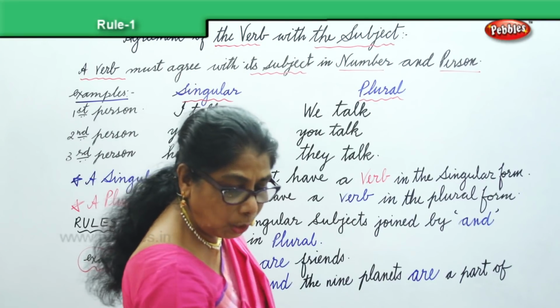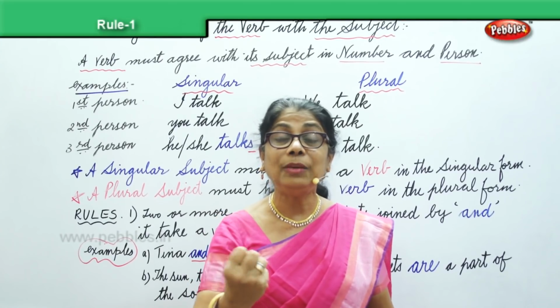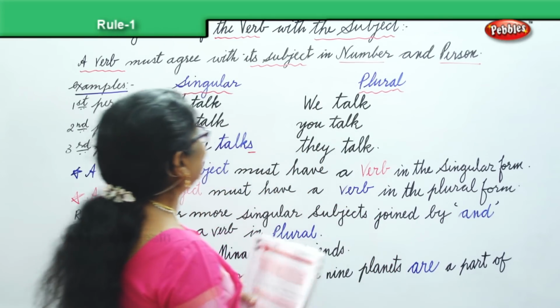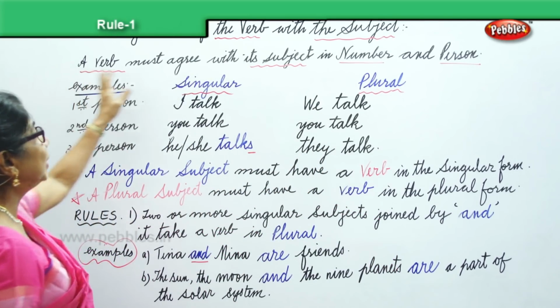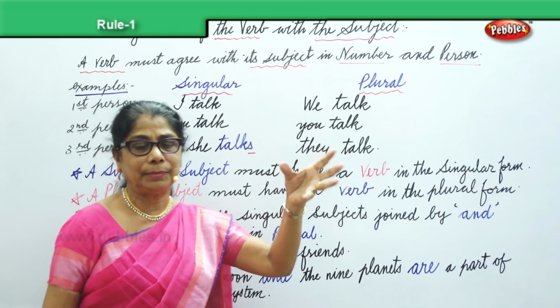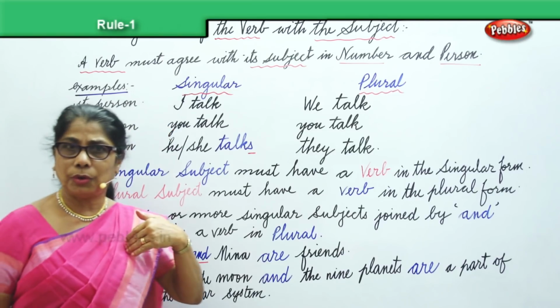Now, we are looking at the verb agreeing with the subject. So we said a verb must agree with the subject in number and person. In the first person we say, I talk.